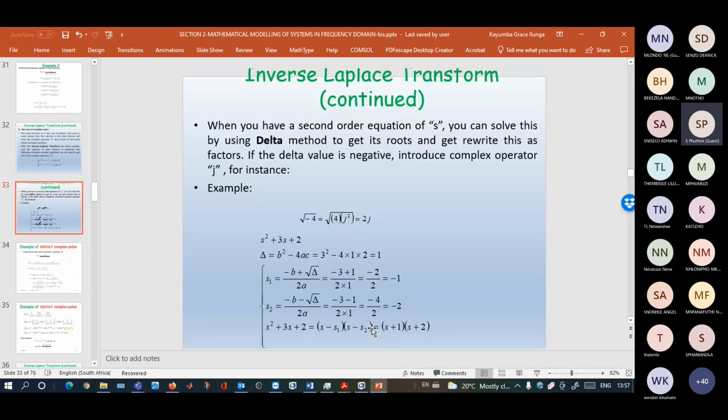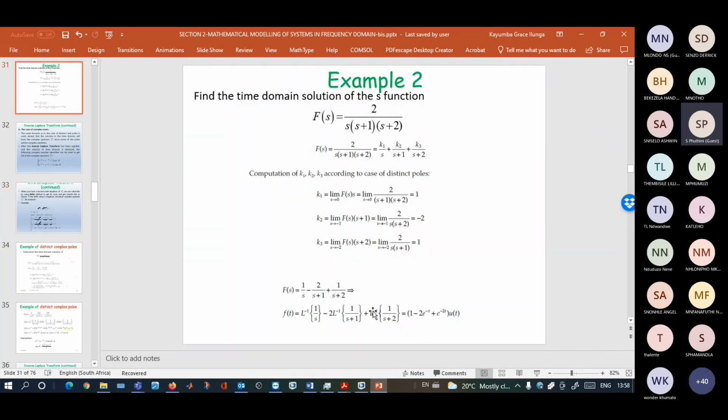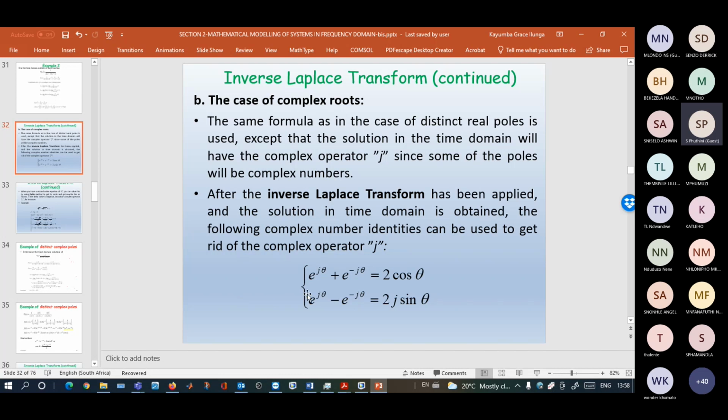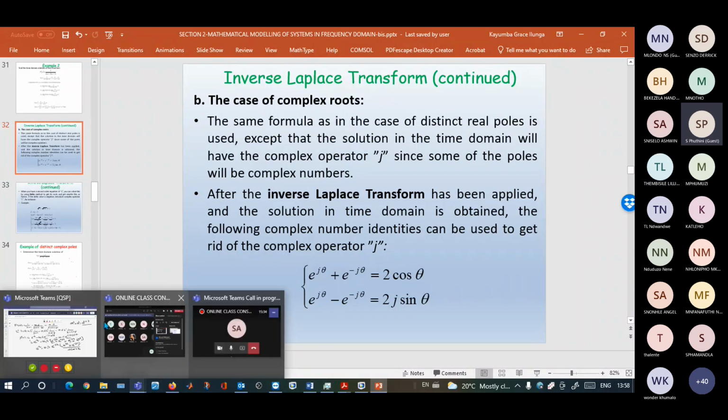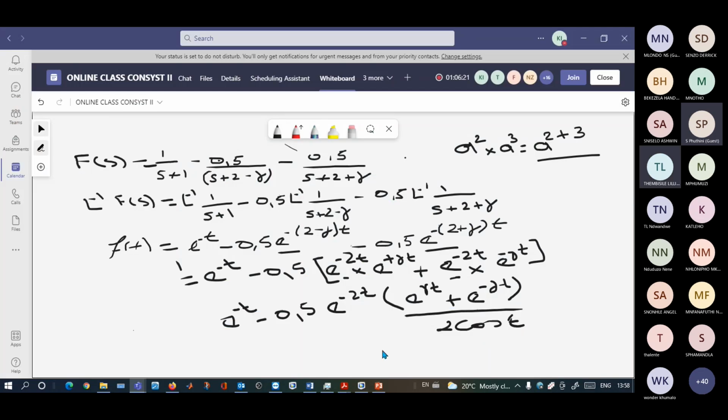You see this one, they say when you have e^jt plus e^-jt, it's going to give you this one. That's why we use it here. So this one is a cosine.